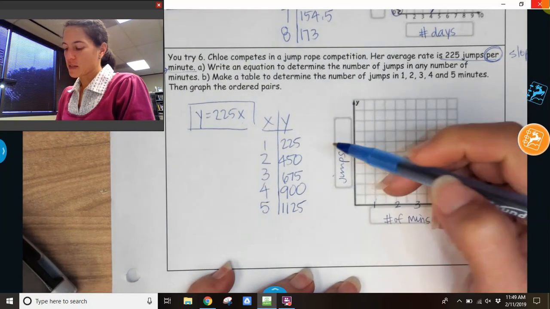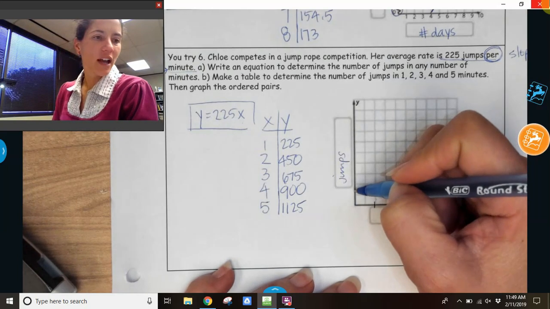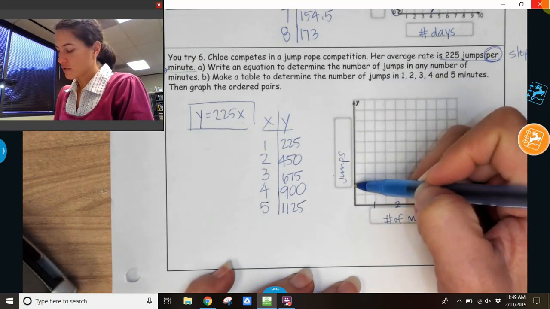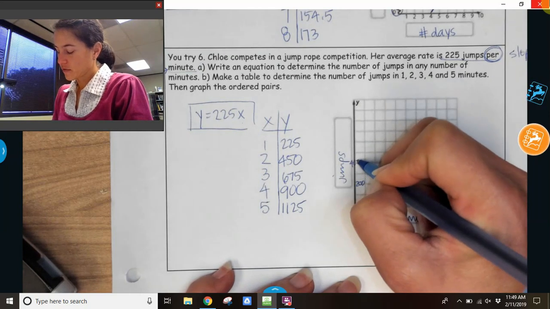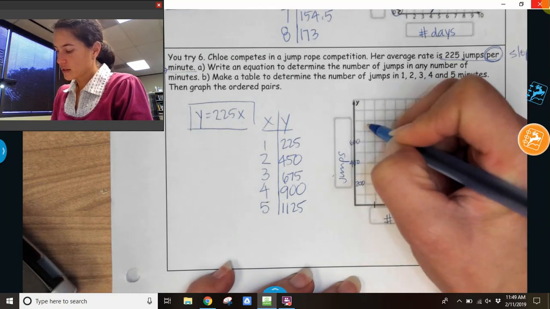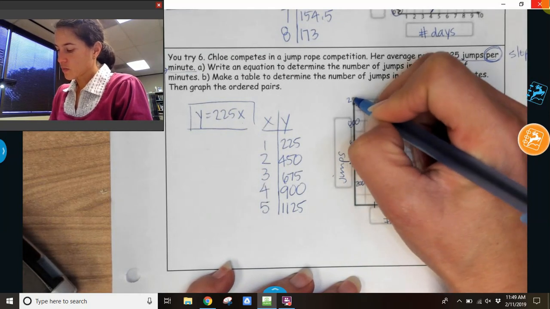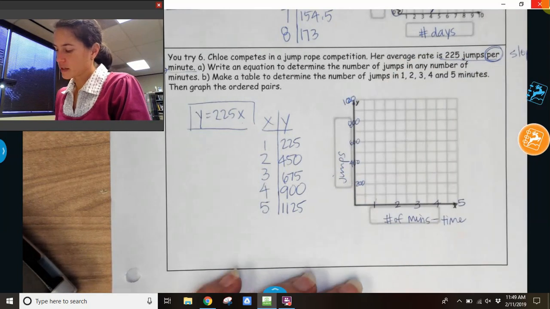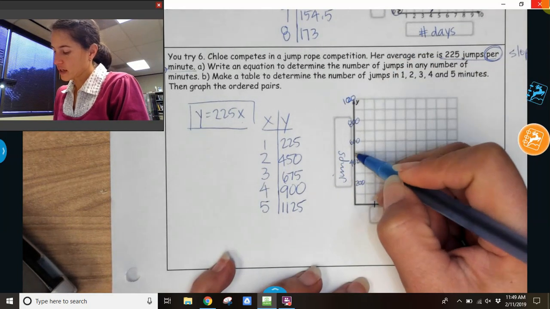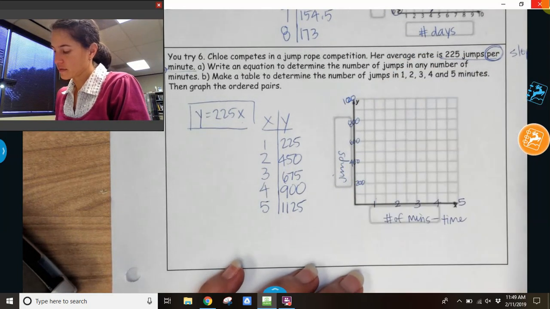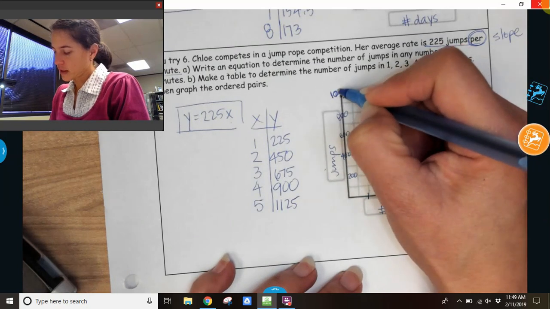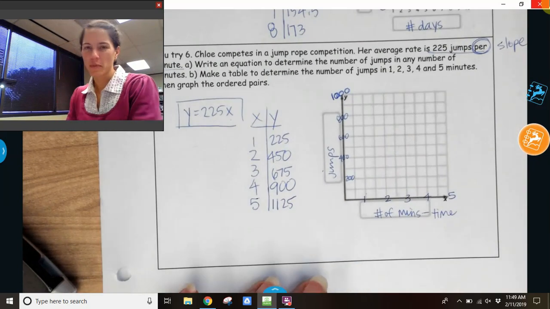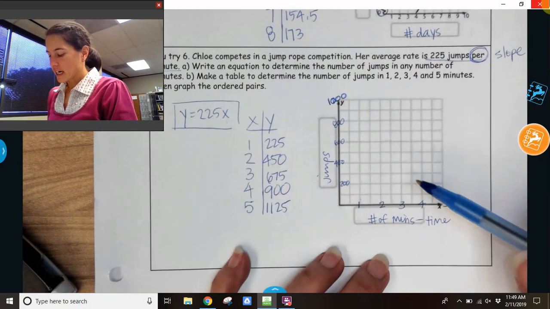And then I'm going to count these by 200s. 200, 400, 600, 800, and then, oh wait, no, maybe I didn't. 2, 4, 6, 8, 10, 12. That's 1,000. All right, well, we might be off our graph a little bit.